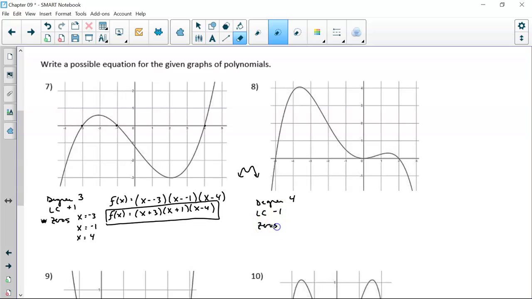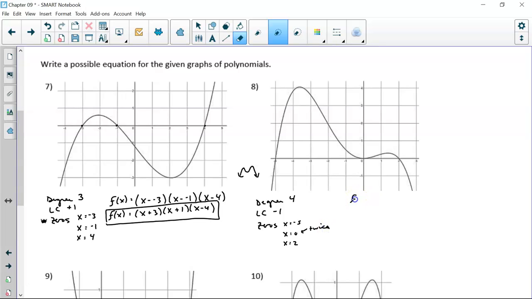And my zeros, I see one at -5, so x equals -5, x equals 0, and x equals 2. Now, because at the 0, it's bouncing, that counts as 2. That's repeated.